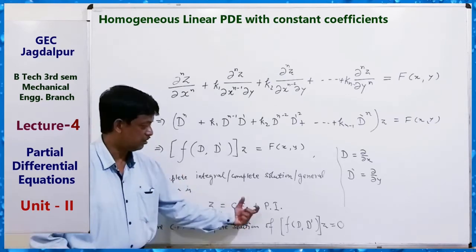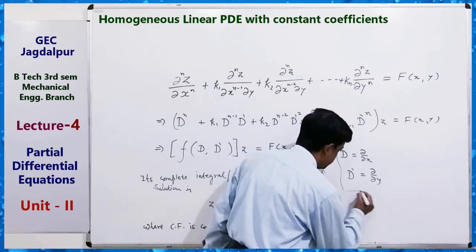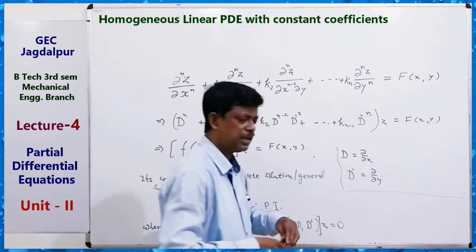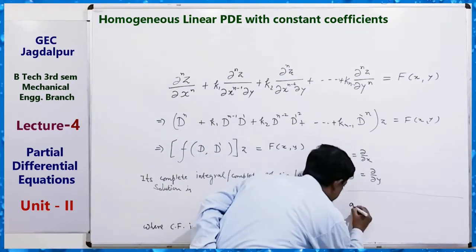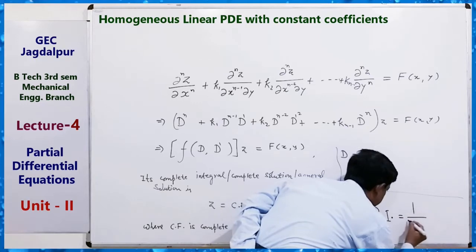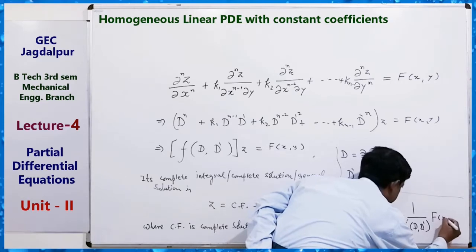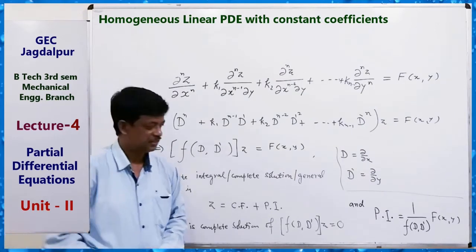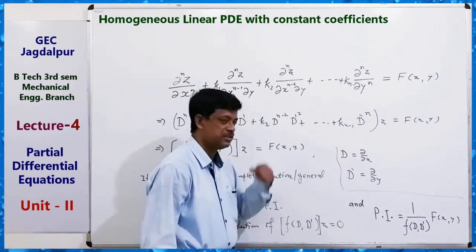PI equals 1 upon F(D, D dash) times F(x, y). And PI equals this. While F(D, D dash) means this value, and F(x, y) means this value.